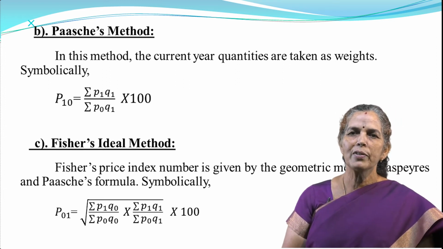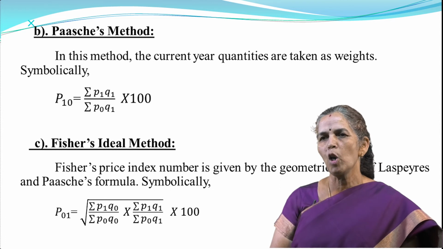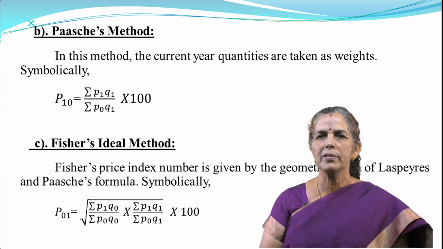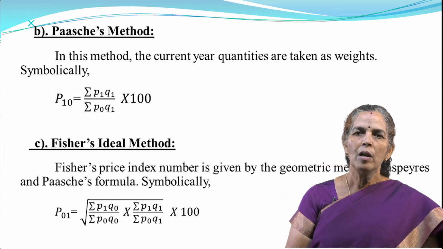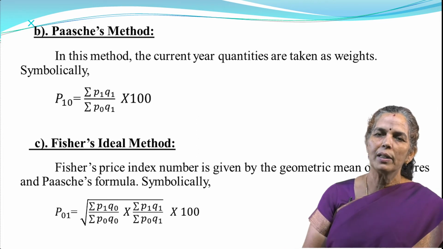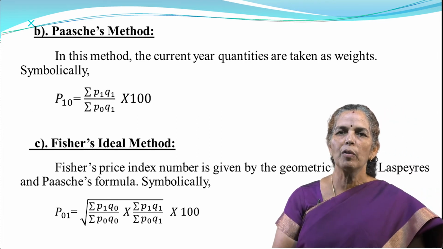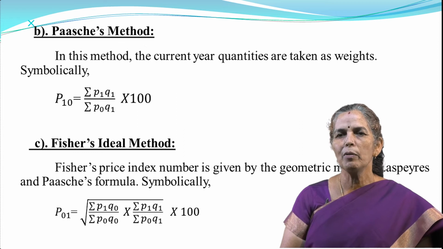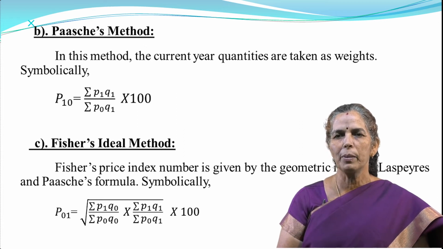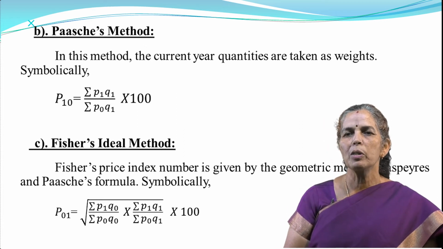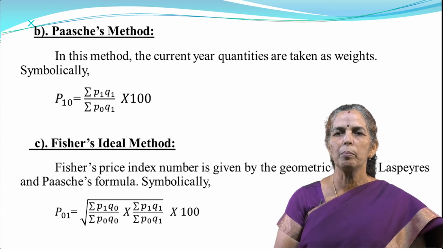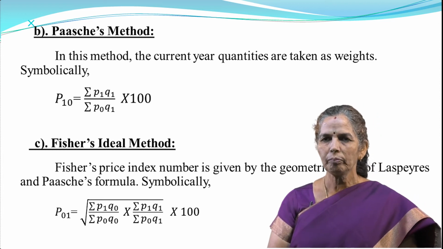Next, number 3, Fisher's index number. This is nothing but the geometric mean of Laspeyres' and Paasche's index numbers, and is called Fisher's index number. Symbolically, price index number P01 equal to root of summation P1 Q0 divided by summation P0 Q0 into summation P1 Q1 divided by summation P0 Q1 into 100.